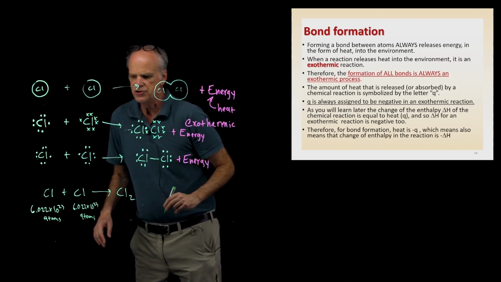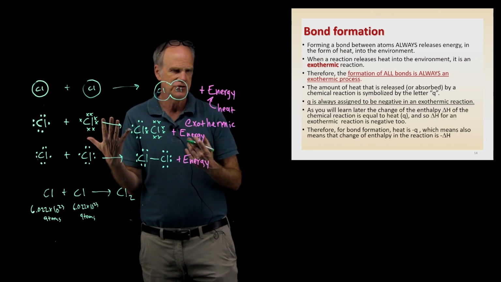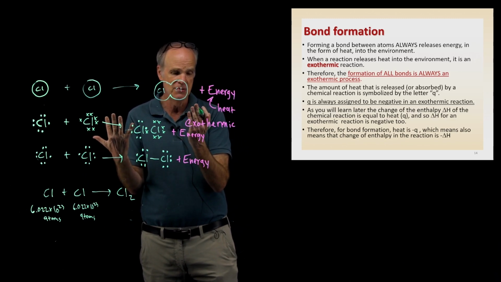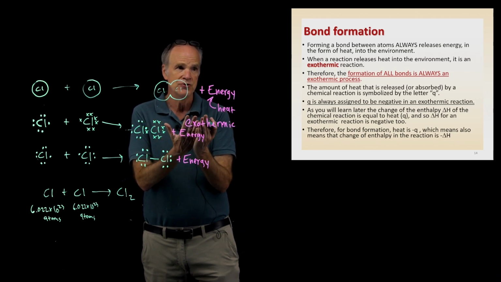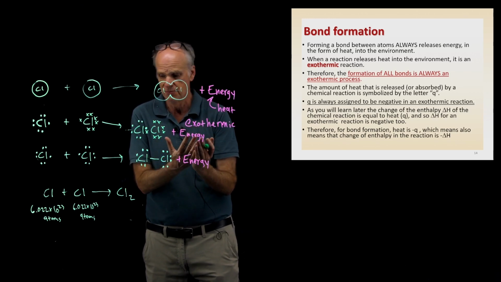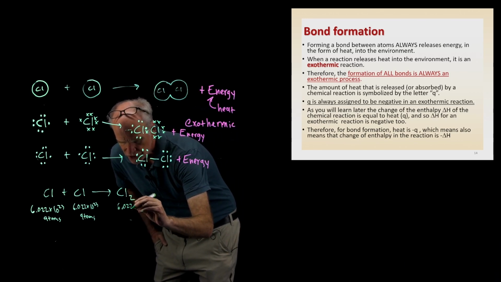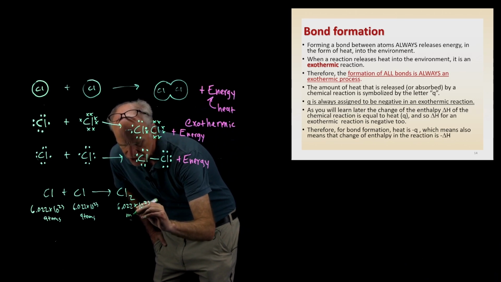If you have one set of atoms of a certain number and another set of the same number, when they bind together, you're left with just one set of that number. So you should have 6.022 times 10 to the 23 molecules of diatomic chlorine.